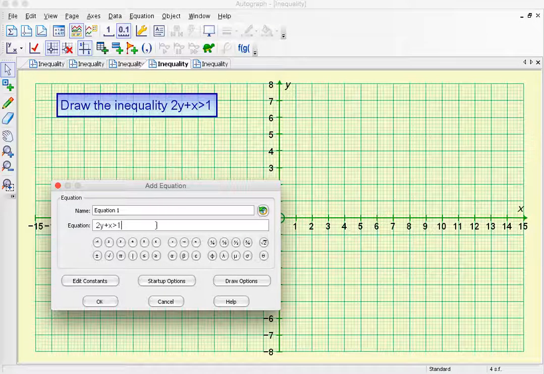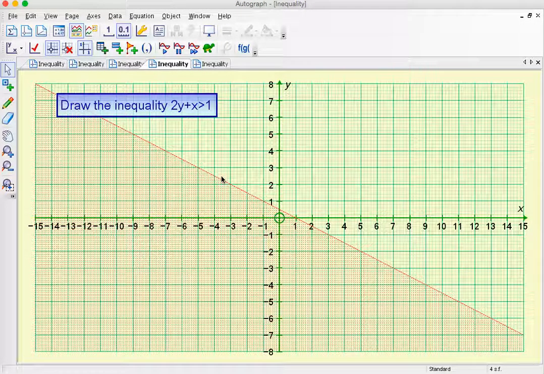It's going to be dotted, and I want everything bigger than the line. So I'm going to shade everything that falls below the line. Here's the line, it's dotted. Y is greater than, ignore the x for this one and just say y is greater than. So I want things bigger, so I shade below.